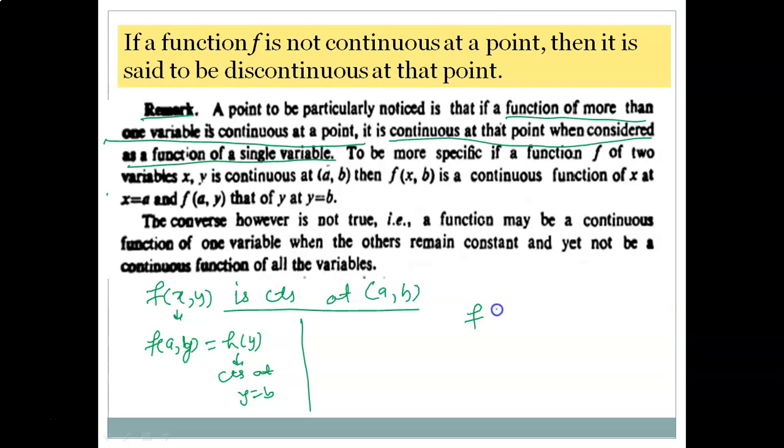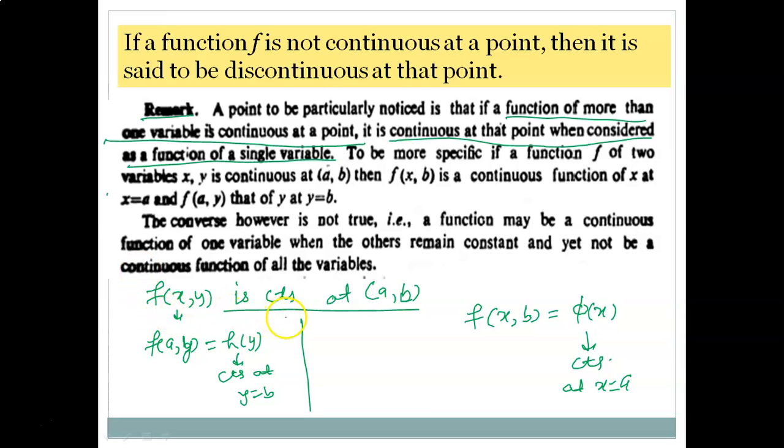Exactly, if I consider x as variable and I'm fixing the value of y, now you can write it as a function of x only, and then it will be continuous at x equal to a. So this is the meaning of this remark here.